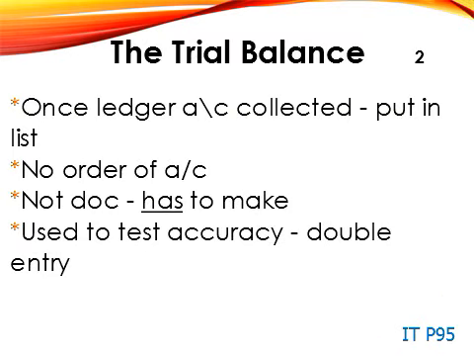Once the balances of the ledger accounts have been collected, they are then put in a list. The order of the accounts in the list doesn't matter, because it is not a document that a business has to make, so there are no rules on how it needs to be made. The trial balance is made to check the accuracy of the double entry bookkeeping method.